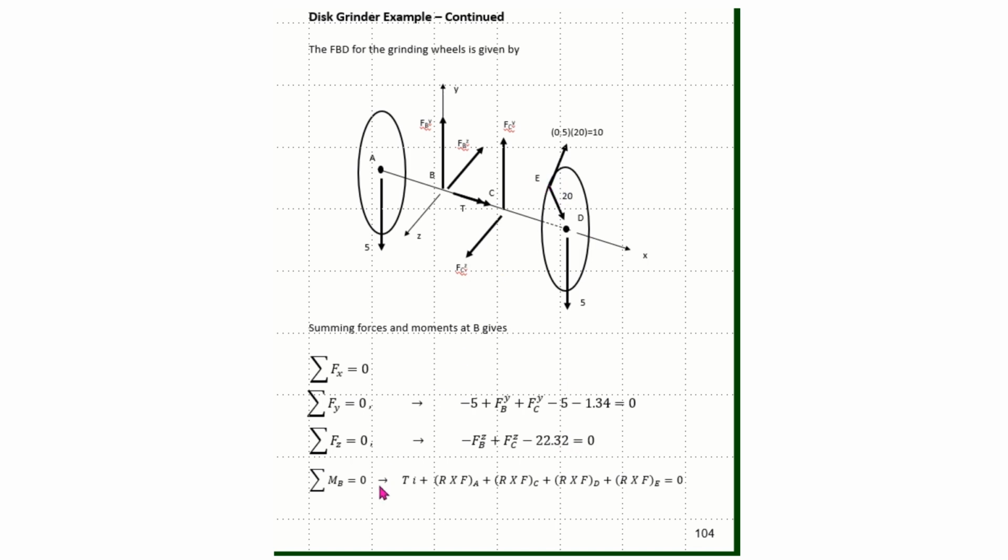Summation of moments at point B, I have an R cross F to get to point A. I have an R cross F to get to point C. And I have an R cross F at point E and an R cross F at point D. And then I have the motor torque here, TI. And so my summation of moments expression can be written as shown here.